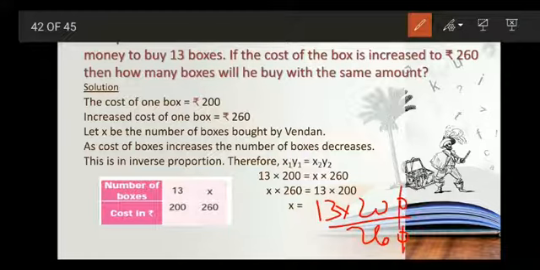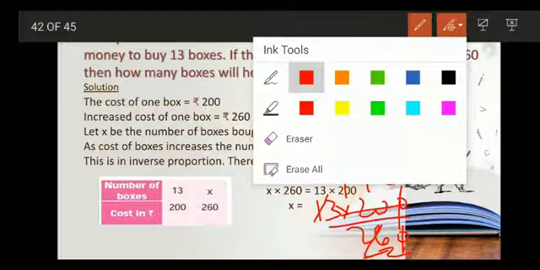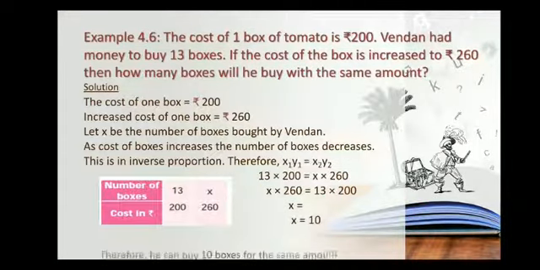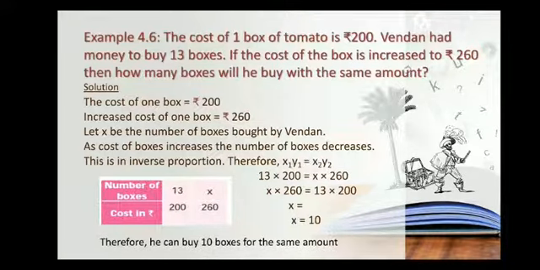Okay, 0 0 will get cancelled. 1 3 is 13, 2 13s are 26, 1 2 is 2, 10 2s are 20. Okay, so x is 10. So with the same amount, the vendor can buy 10 boxes.